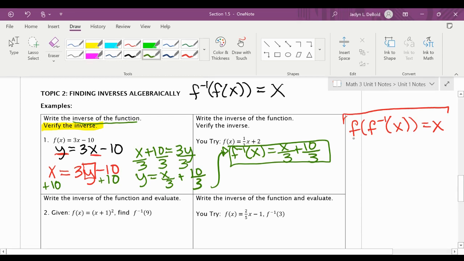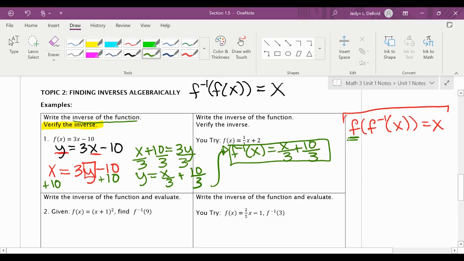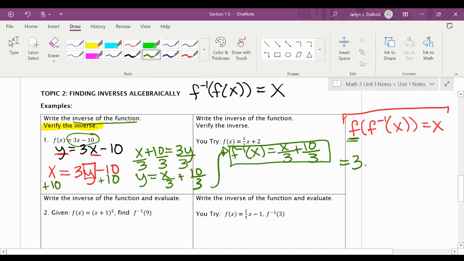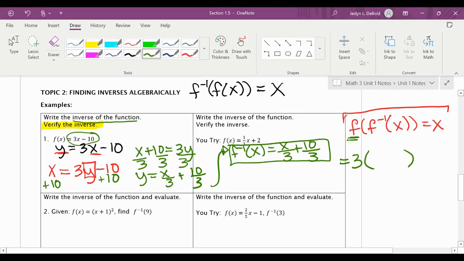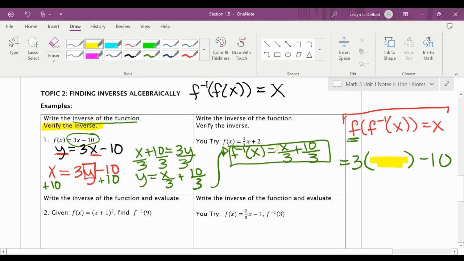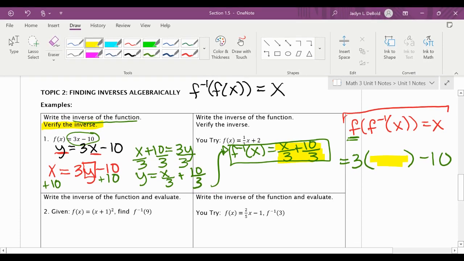So I see my outer one is actually f for this example. We said that was 3x minus 10. So I'm going to write 3, leave a space for x, minus 10. And then wherever I see x, I'm going to substitute this inverse expression.